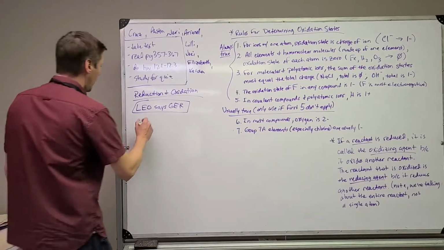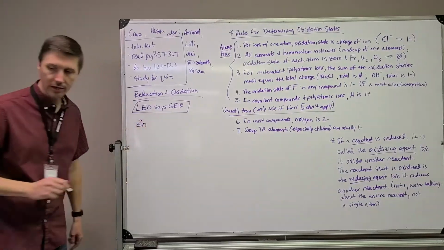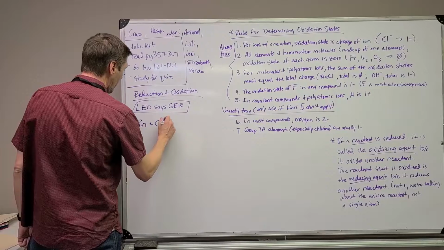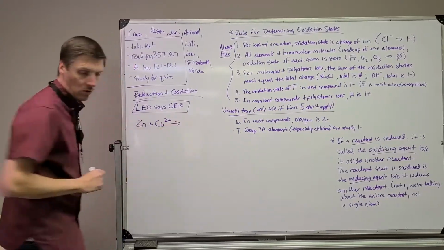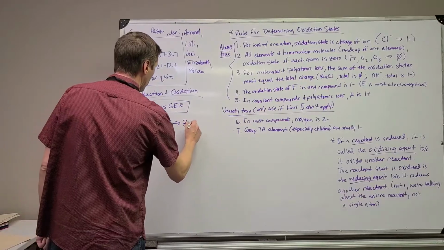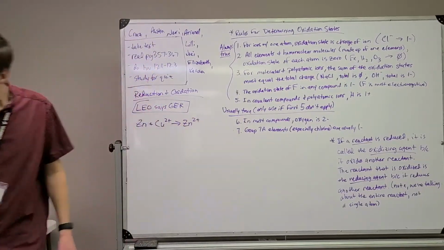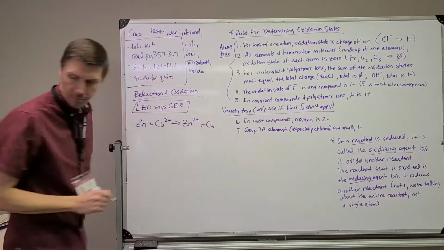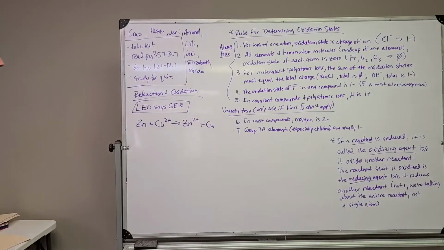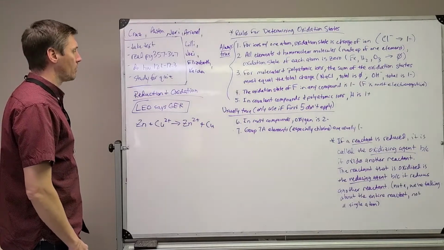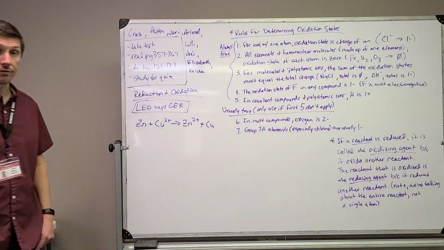So the first reaction, for time's sake, I'm not going to write down the phase like they do, because it's not really relevant to our analysis of this equation. So we've got zinc and copper, and they want us to determine if it's a redox reaction first.